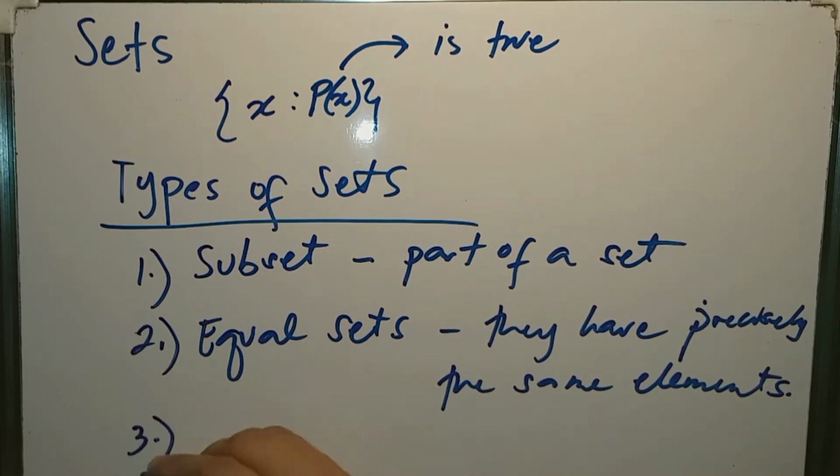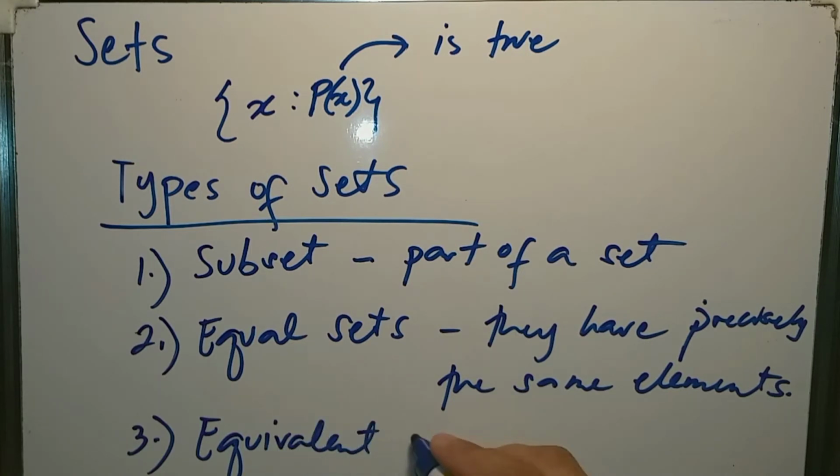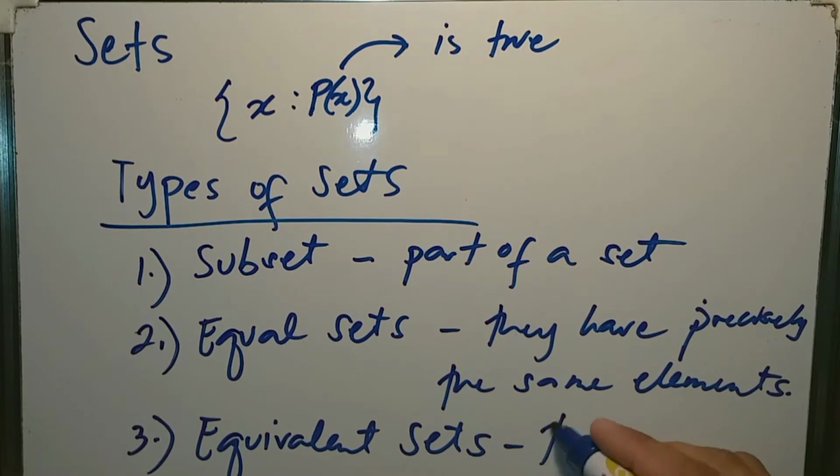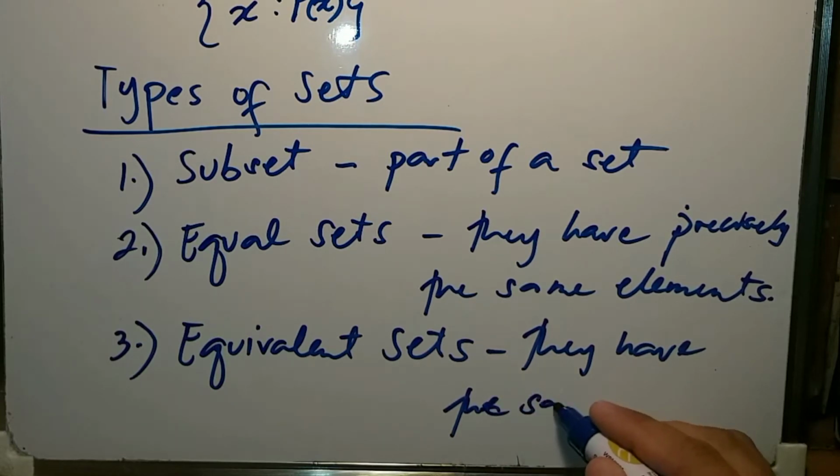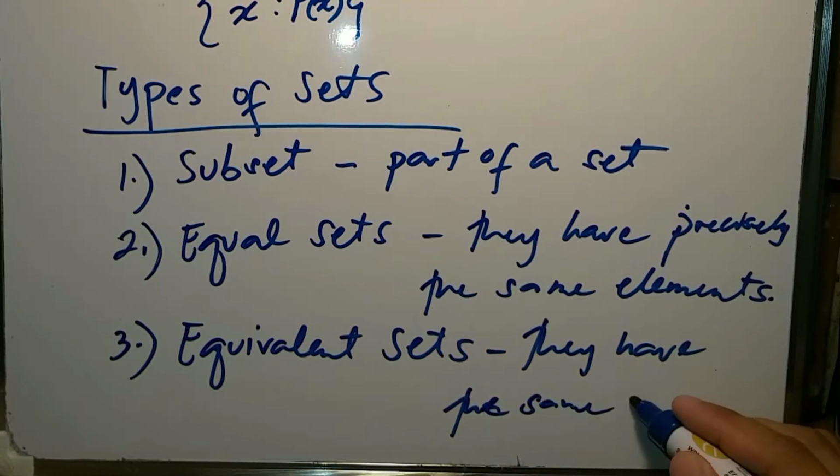And then we have three, equivalent sets. Equivalent sets, how do we know if they are equivalent? If they have the same number of elements.